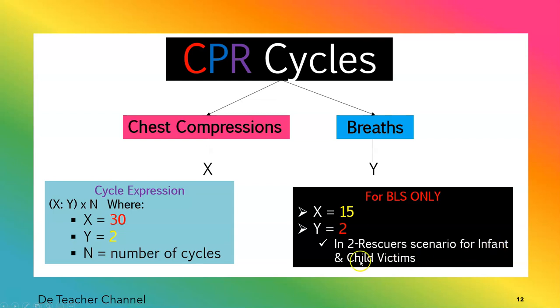So for infant and child victims, when you are 2 or more people, you give 15 chest compressions followed by 2 breaths. That means if the person is an adult, the chest compressions are 30 and 2 breaths, irrespective of the number of people doing the resuscitation attempt.